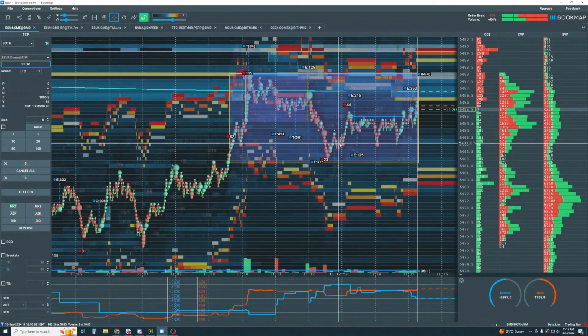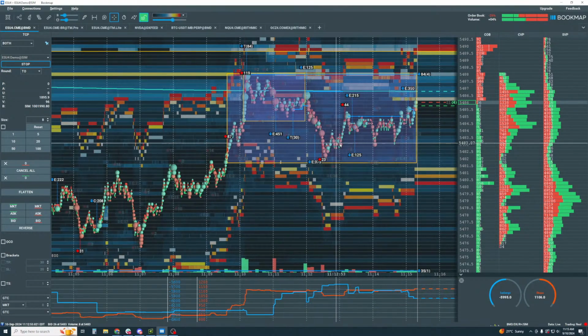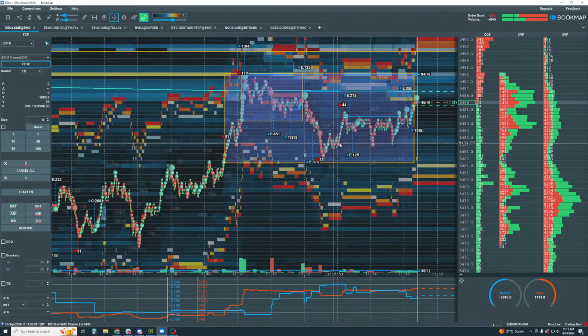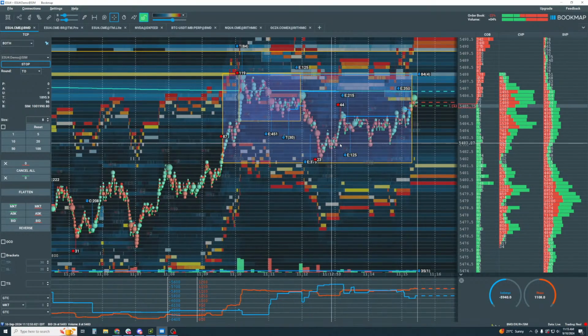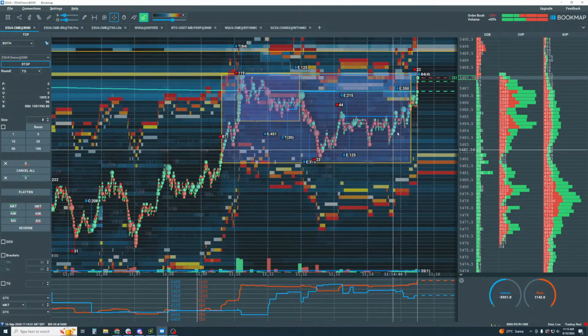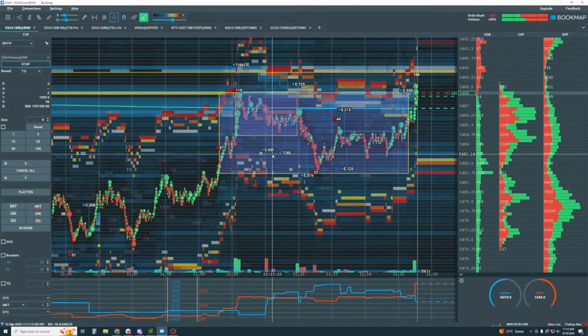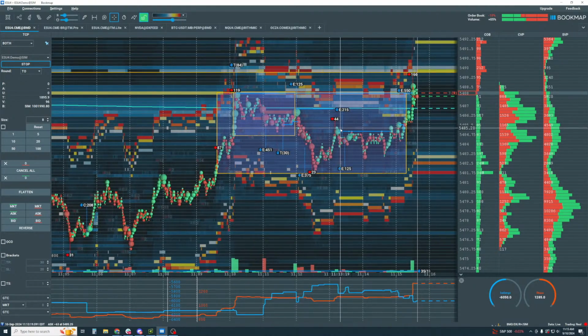Okay, makes sense. And it's by looking at the order flow in here. Maybe we should come up with more of a diagram on distribution and accumulation and markup, markdown.